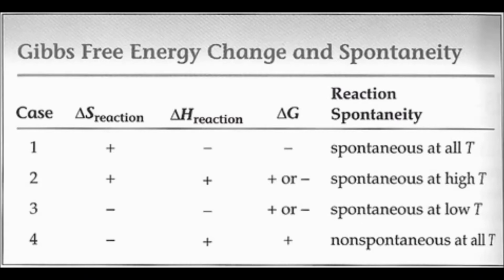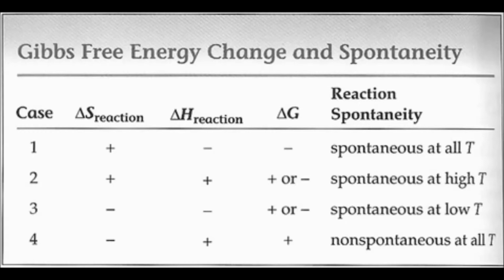As demonstrated by this chart, determining spontaneity is relatively complex, but it becomes simple when you use the formula delta G equals delta H minus T times delta S. So if you have a delta S value that's positive, delta H is negative, and delta G is negative, then your reaction is spontaneous at any temperature. If all of the values are positive, then it's spontaneous at high temperatures.